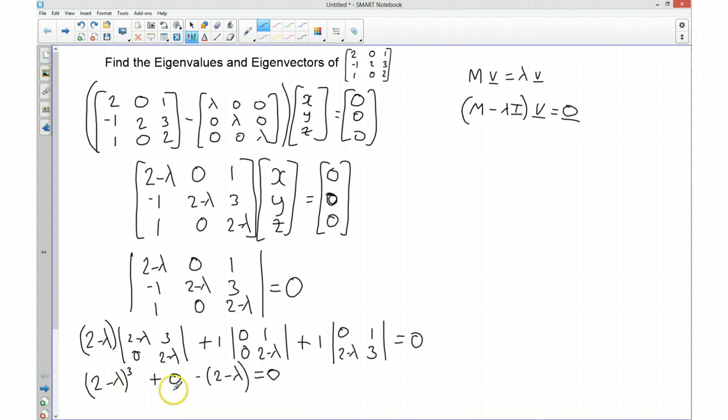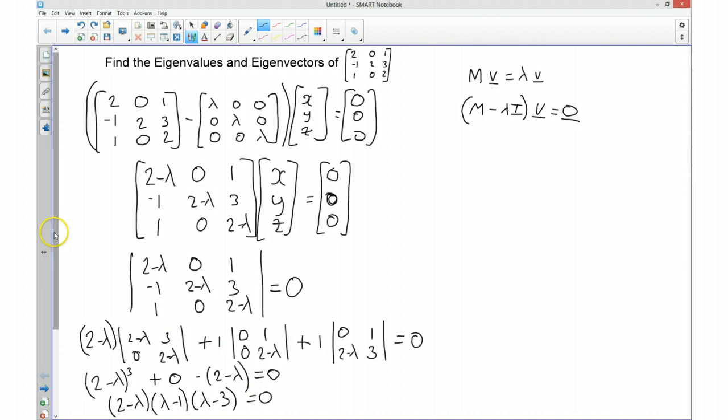Right, so what I'm now going to do is expand it and factorise it. So you might want to have a go at doing that yourself, but I'm just going to write down the solution to this. We should end up with 2 take away lambda, lambda take away 1, and lambda take away 3 is equal to 0.